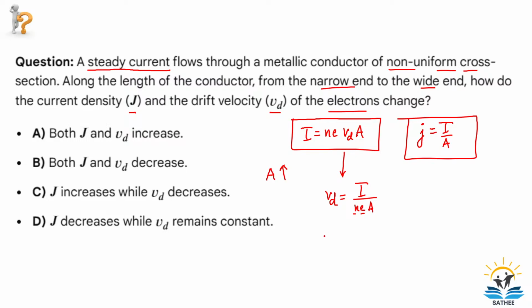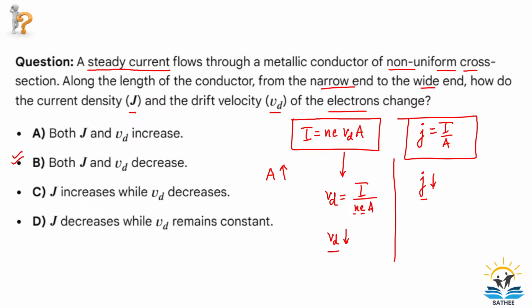That means Vd will decrease. And from J equal to I upon A, if area is increasing and current is constant, J is decreasing. So both drift velocity and current density will decrease.